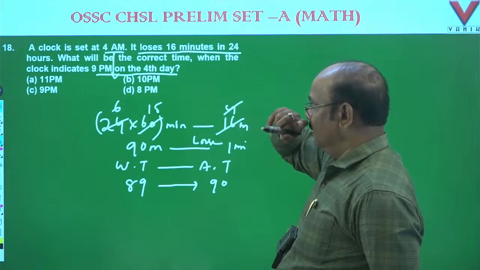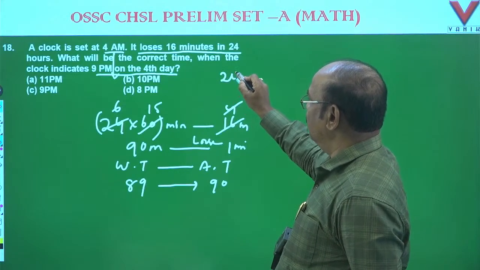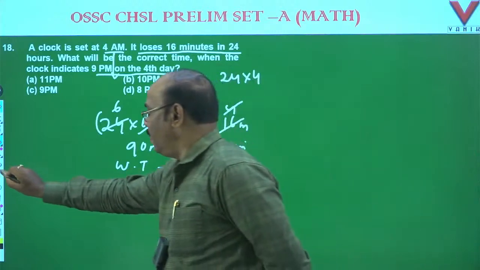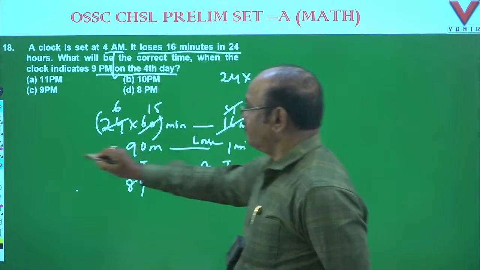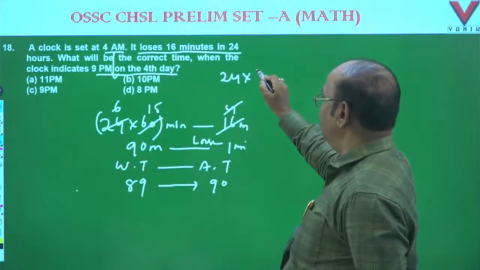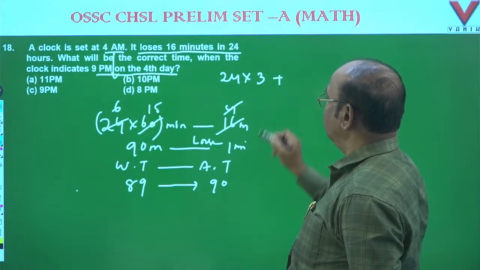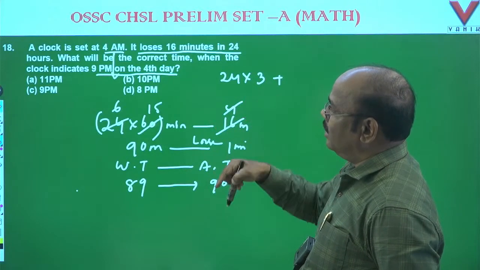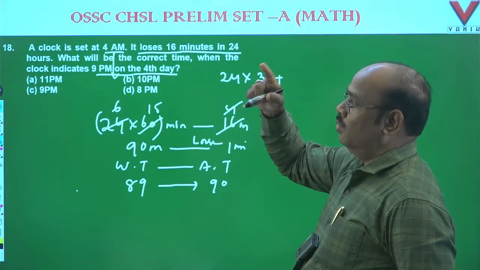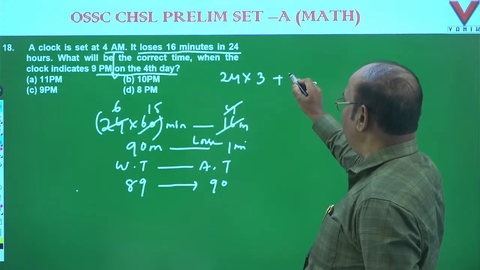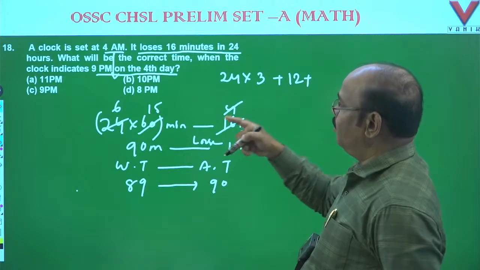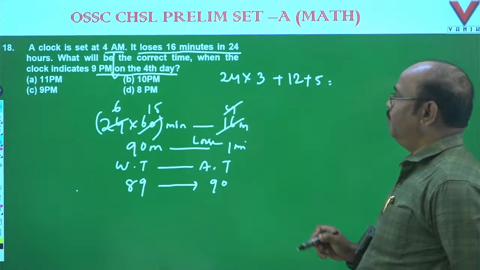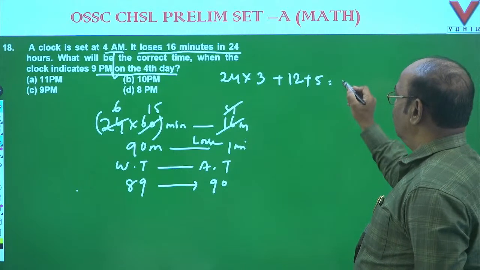Three days is 24 into 3, that is 72 hours. Then 4 am to 4 pm is 12 hours, plus 4 pm to 9 pm is 5 hours. That is 72 plus 17, 89 hours.